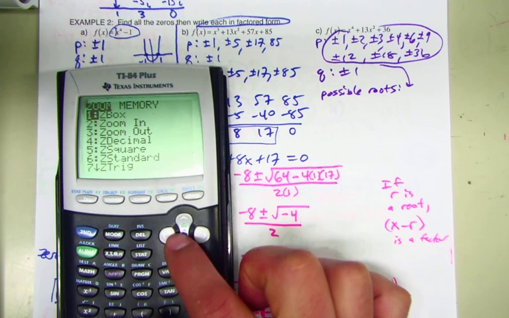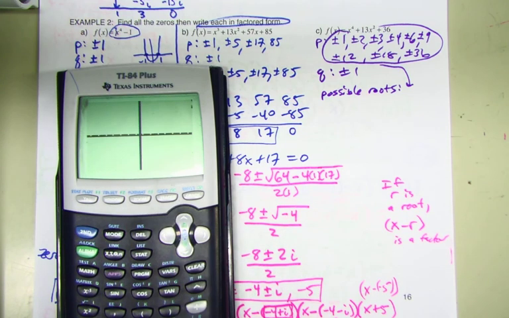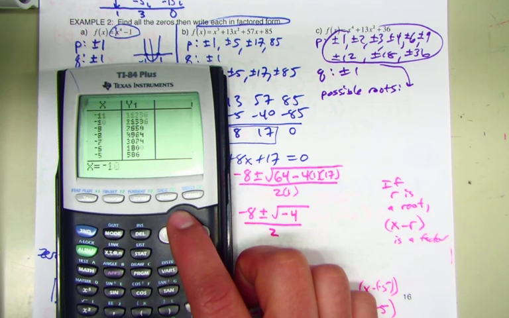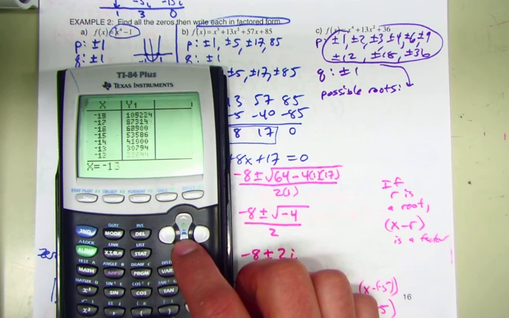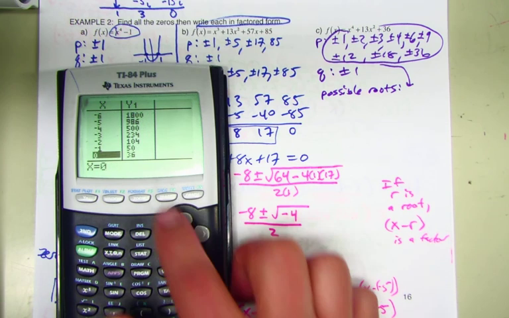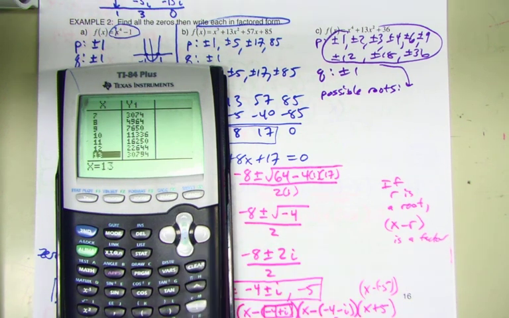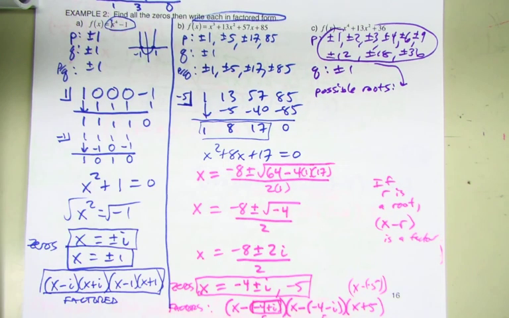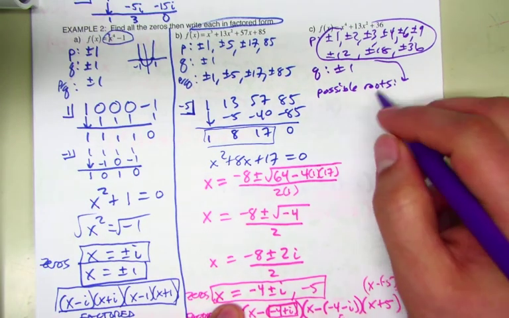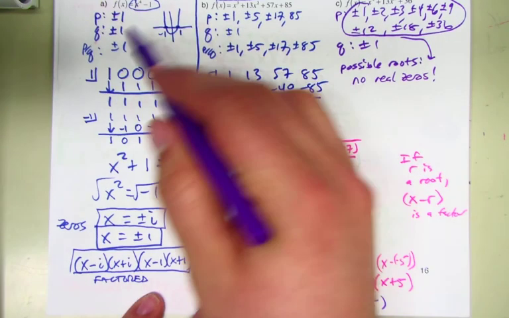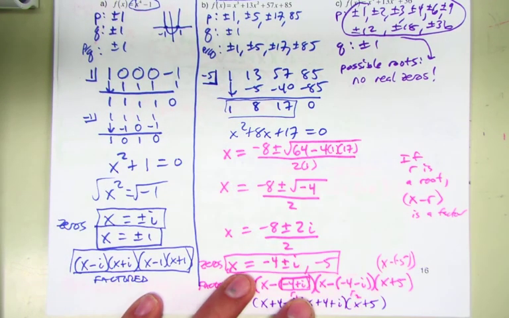Even if you zoom out, right? If you look at the table, does it look like it ever hits 0? No. It gets as low as about 36, and then it just comes right back up. So, here's the good news. There are no real zeros here. So that means that these P's and Q's and doing synthetic division, we can't do with this problem.